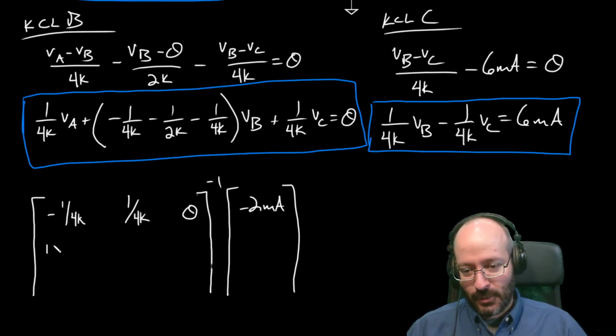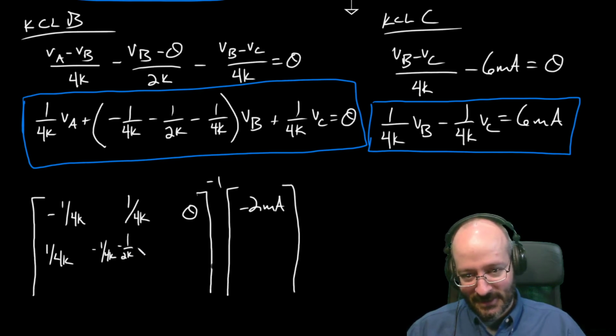Okay. Anyhow, 1 over 4K, and then I got all this mess. Oh gosh, I got to cram that into this little space here. Negative 1 over 4K, negative 1 over 2K. I made a decision, and now I have to live with it. 4K. Okay, so that's all the second column there. And we got 1 over 4K in front of VC.